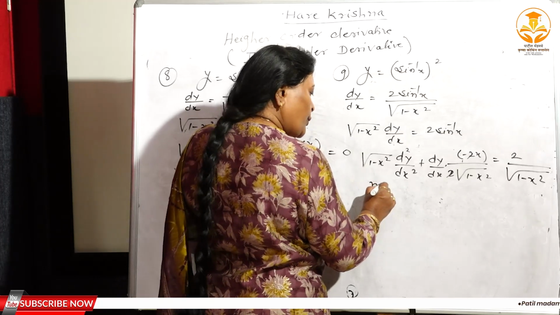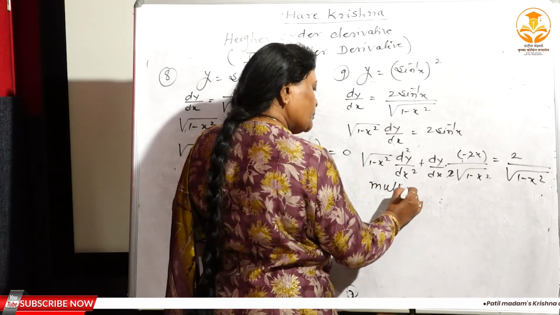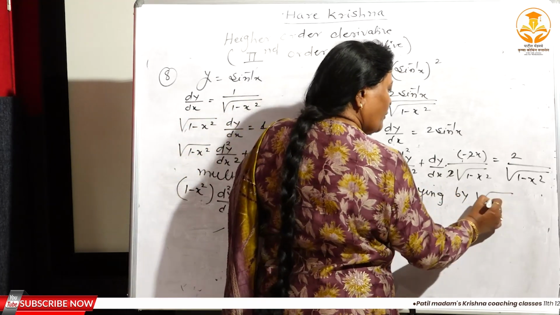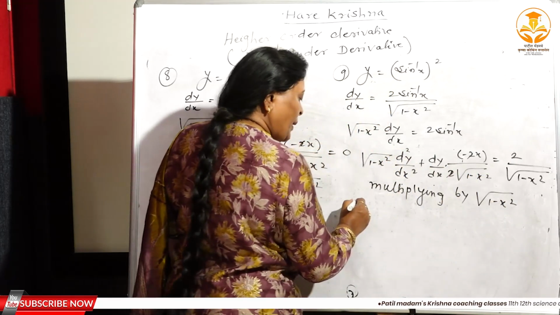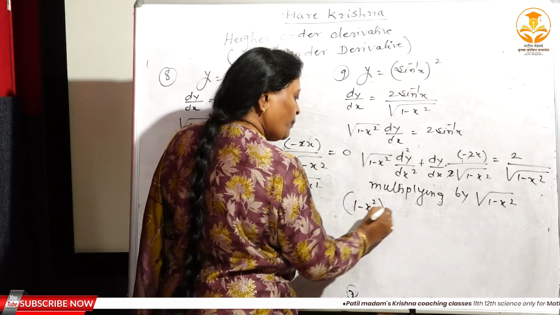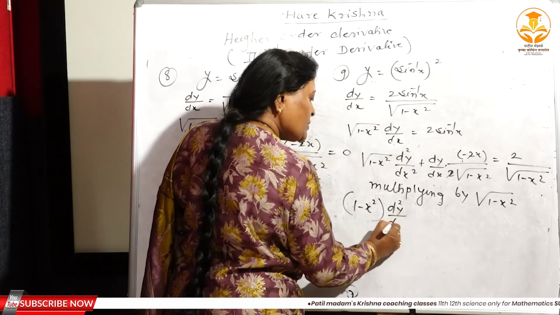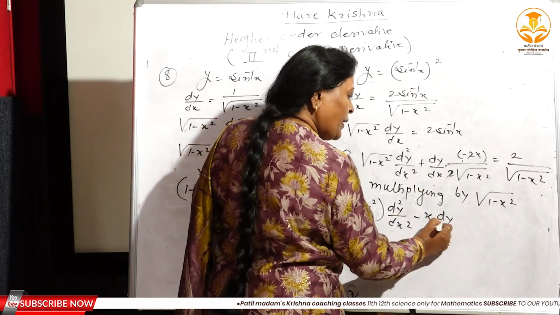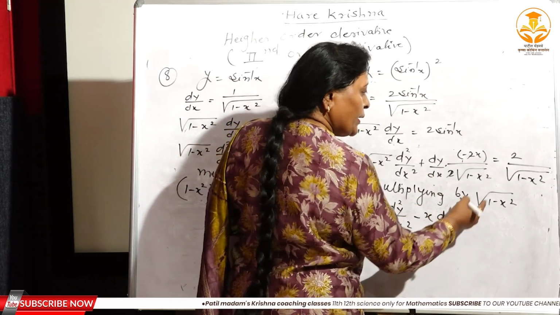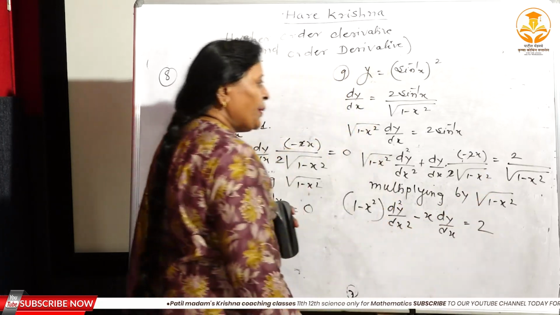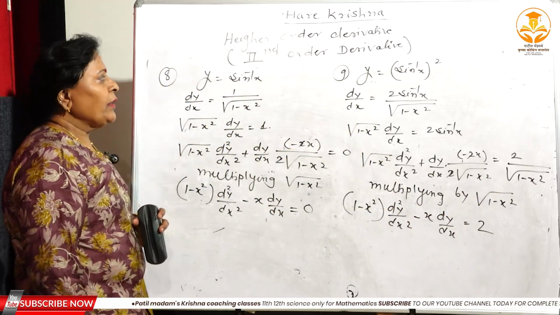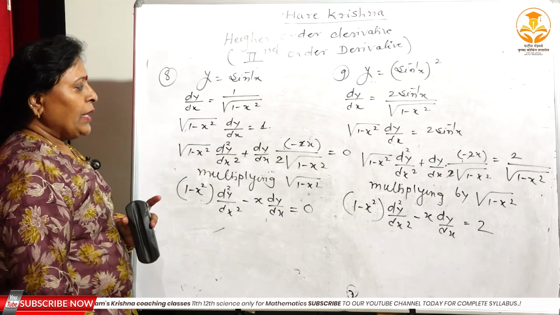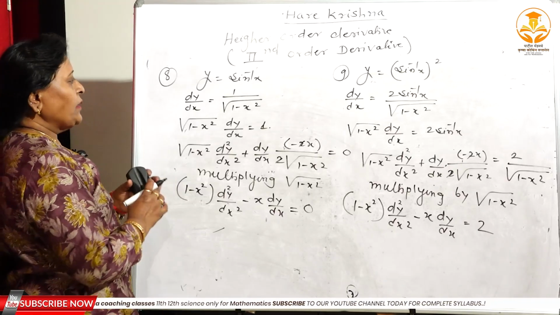Again multiplying throughout by root of 1 minus x square. 1 minus x square d2y divided by dx square. This gets cancelled. Again minus x dy by dx. 2 gets cancelled. What is the result? This is sine inverse x and that is sine inverse x whole square, isn't it? So this is the 9th one here.